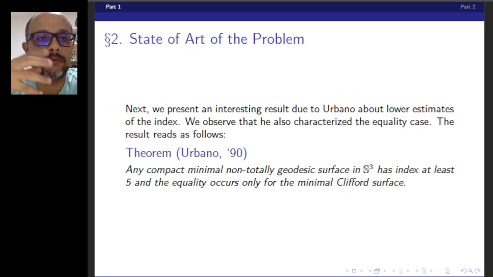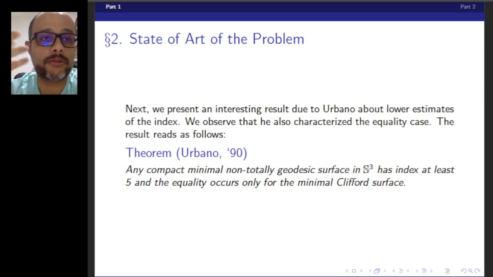So Sophie proved this gap in high dimension. He proved that sigma n immersed in S n plus 1 has index at least n plus 3, but he can't prove what occurs in the equality.